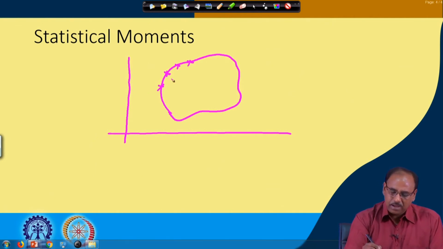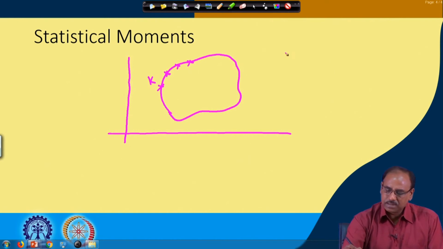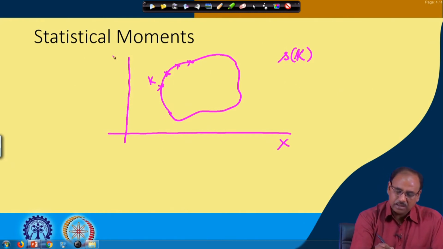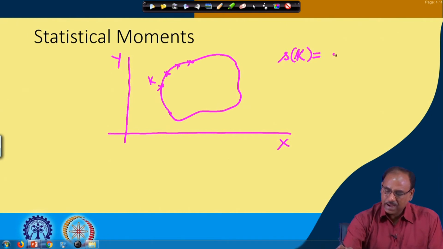So, I take any point, say kth point on this boundary segment, and this kth point I call say Sk, which will have two components. One is in the x direction and the other one is in the y direction. So, this will have two components, which is x k, and I represent this as a complex number, plus j times y k.